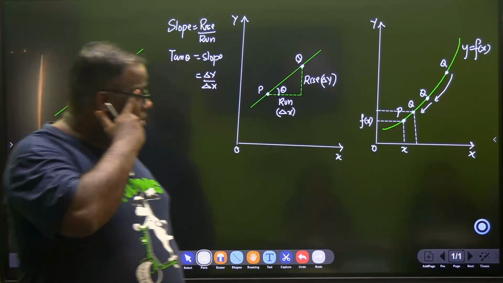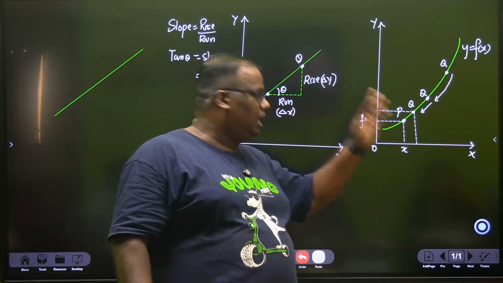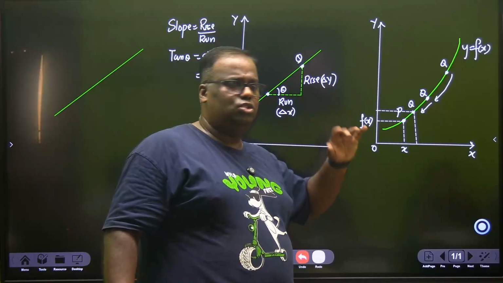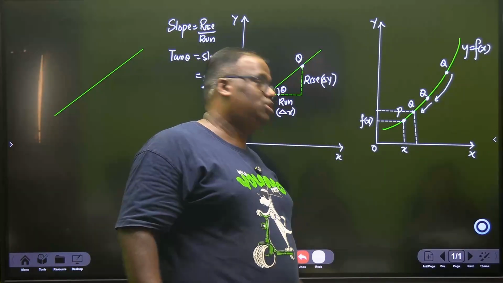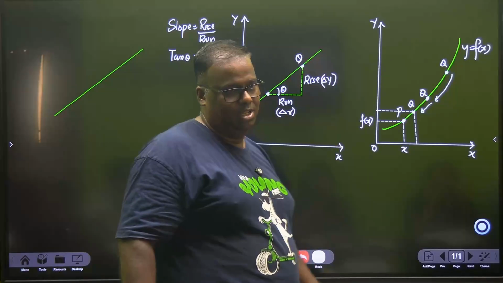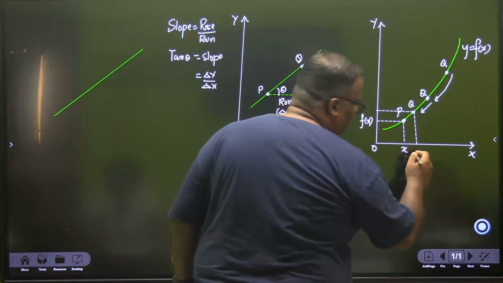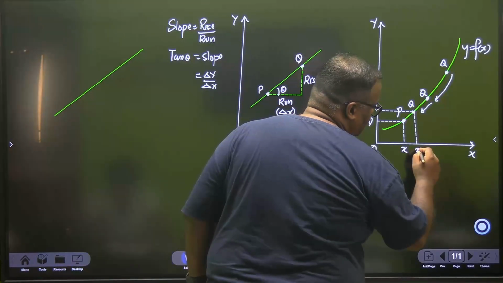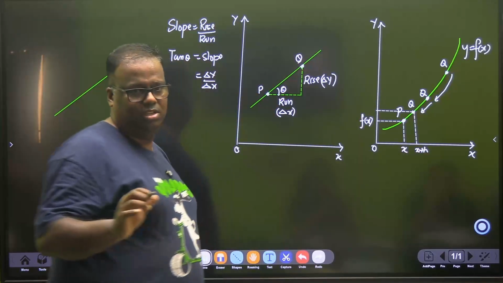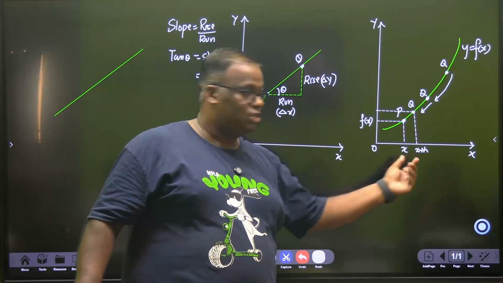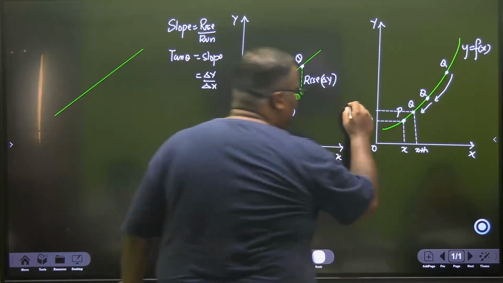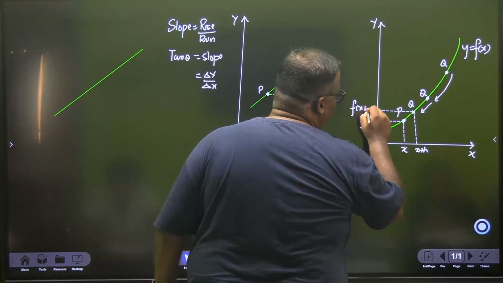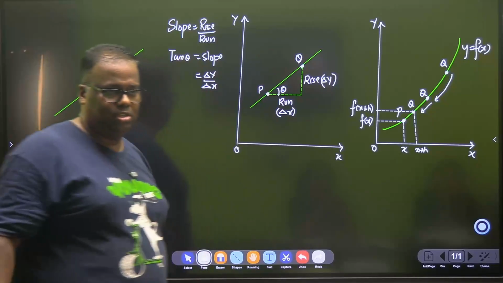And since Zoe is continuously trying to derail my logic, I said, Zoe, I am now moving a very small difference. She says, no matter how much distance you move, I'll keep on bloating it up. So I move a very small distance from here to here, and the distance I'm moving is only h. What is this distance? h. So the next point becomes x plus h. So what does this point become? f of x plus h. Is this understood or not?